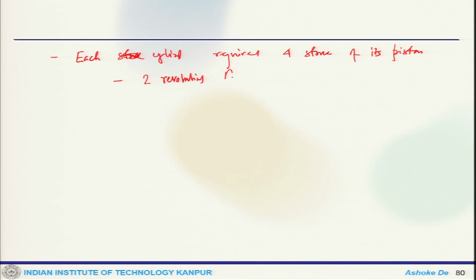So, each cylinder requires 4 strokes of its piston, that means 2 revolutions of the crankshaft.